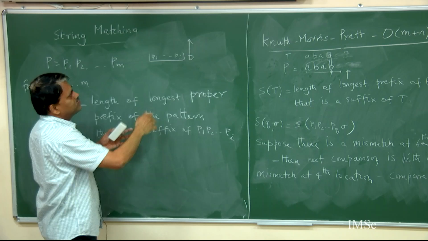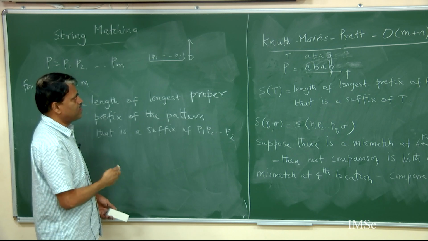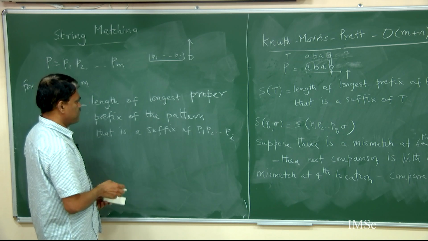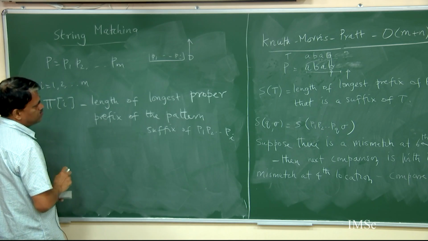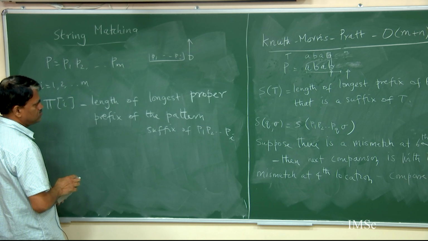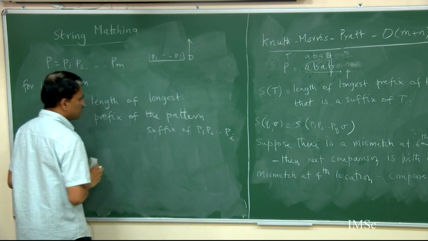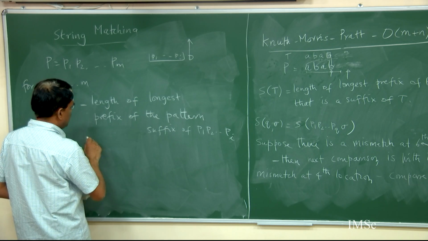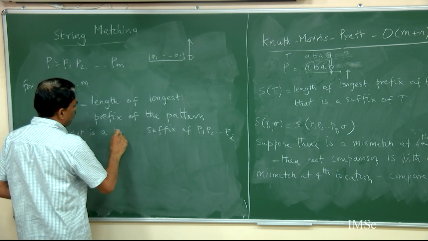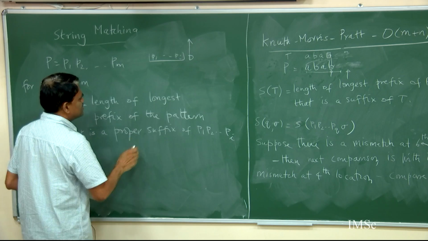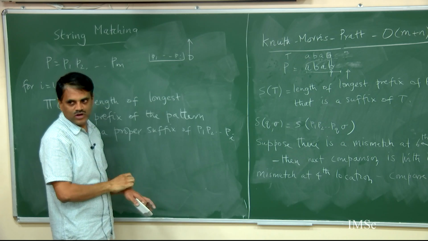Of course, you matched up to this point, but no, this is not enough. Go to a proper prefix, or actually I should put proper here. Proper, the longest prefix of the pattern that is a proper suffix, which means that this entire thing is also a suffix, and I want to exclude that.